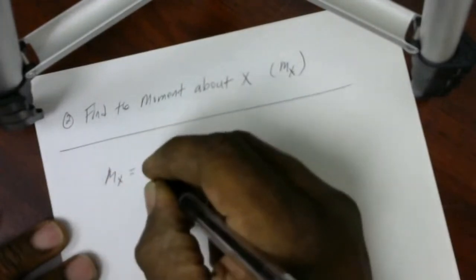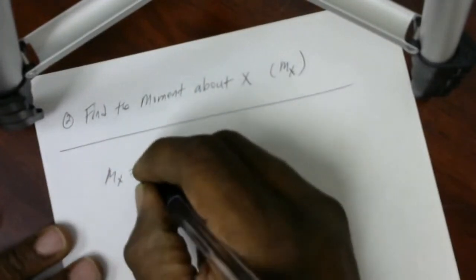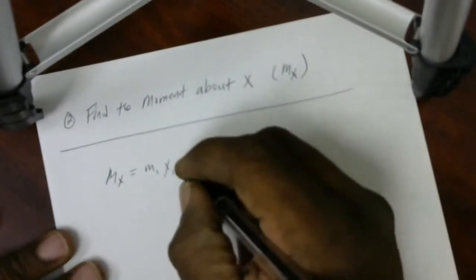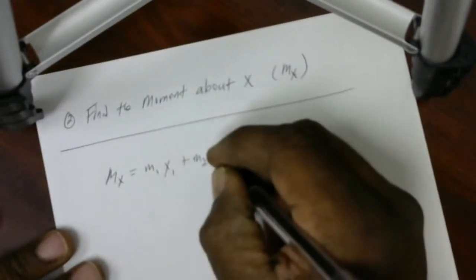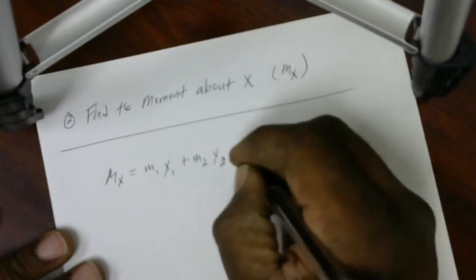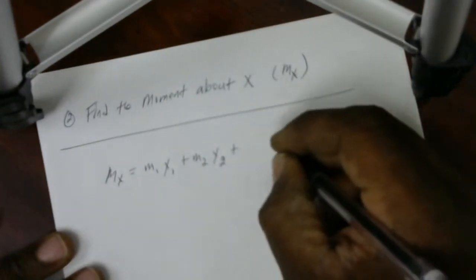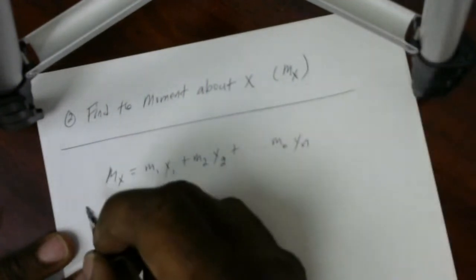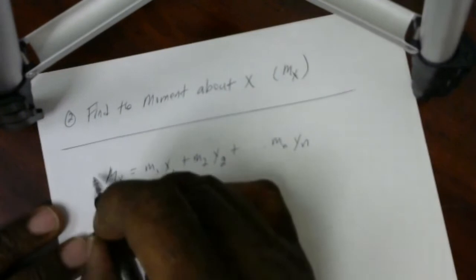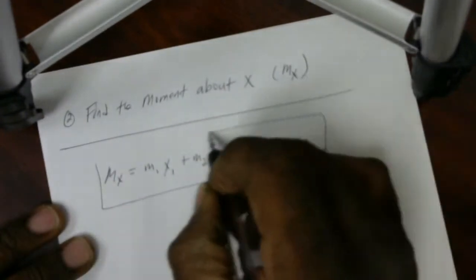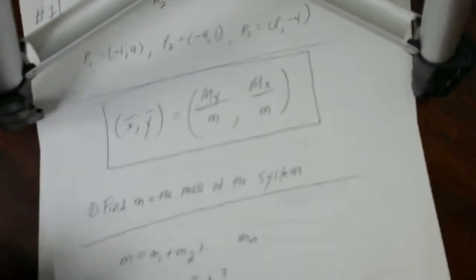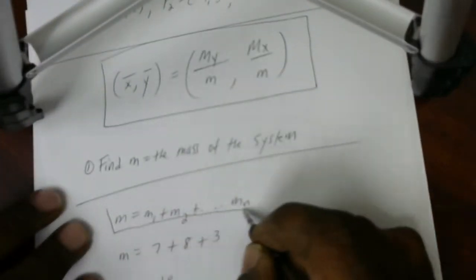M sub x is equal to m sub 1 times y sub 1 plus m sub 2 times y sub 2 plus dot dot dot m sub n times y sub n. I'm going to put these formulas in a box. I'm also going to go back here and put this formula in a box.